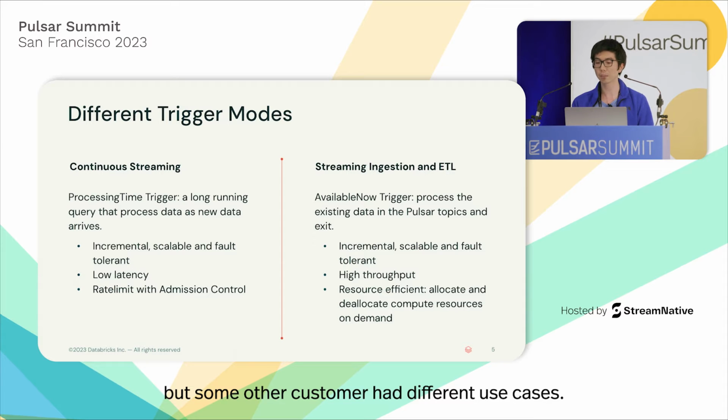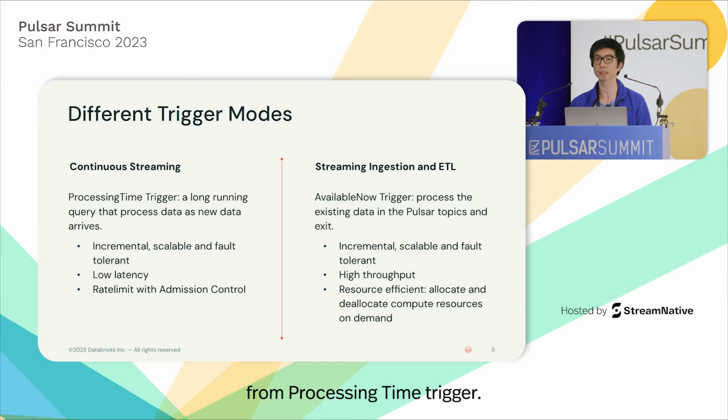But some other customers have different use cases. One of the major use cases inside Databricks is data ingestion and ETL. In that case, people are more likely to use the AvailableNow trigger. How does it work? The AvailableNow trigger is different from the processing time trigger. It will process all the data at once, and then it will terminate the query.